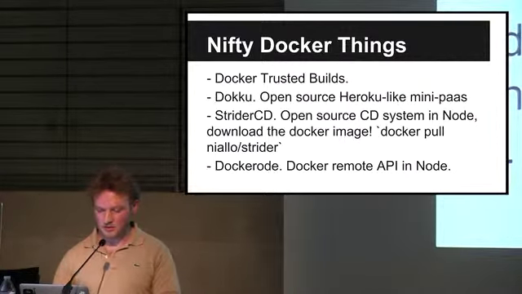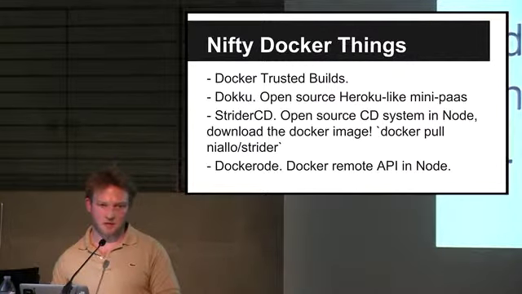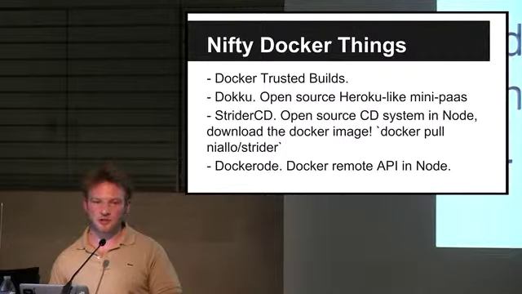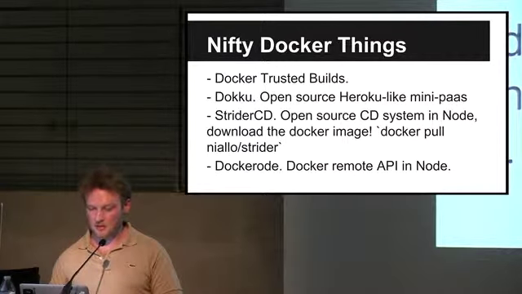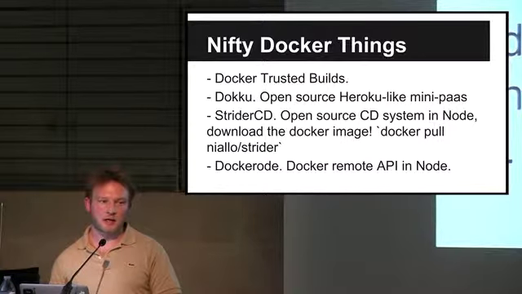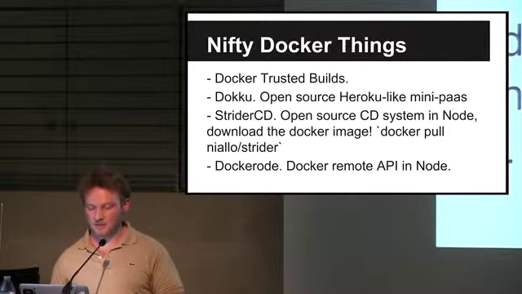Another thing that's cool is Docker trusted builds, which I haven't talked about yet. There's a public registry of Docker images on the internet supported by Docker Inc. You can push whatever you want there, but you can also OAuth with your GitHub account and register any repo you have on GitHub. I'm pretty sure it has to be open source, public, with a Dockerfile in the root of it.